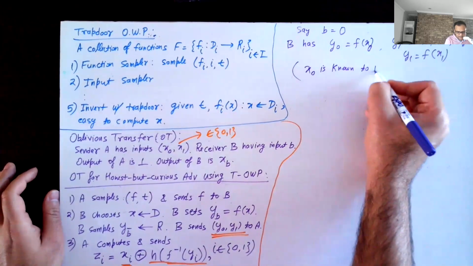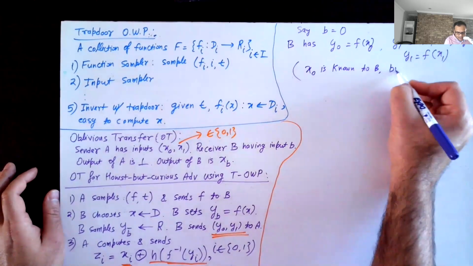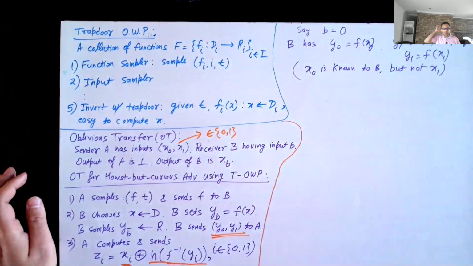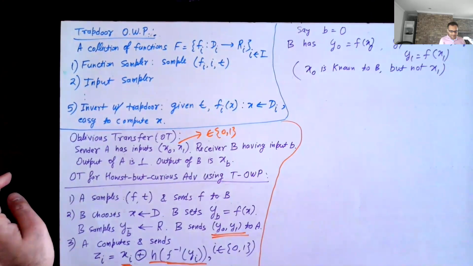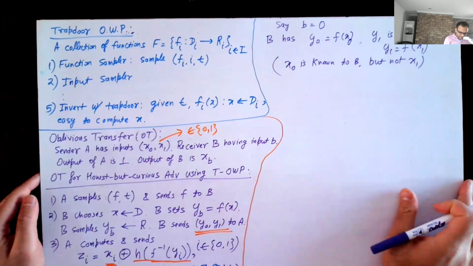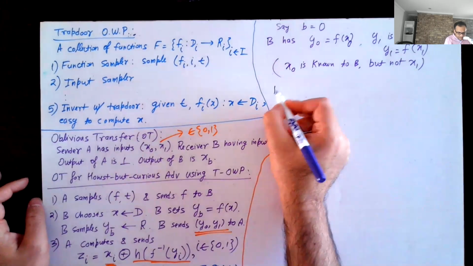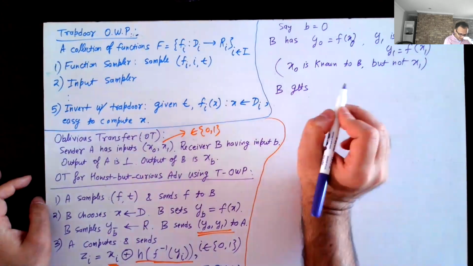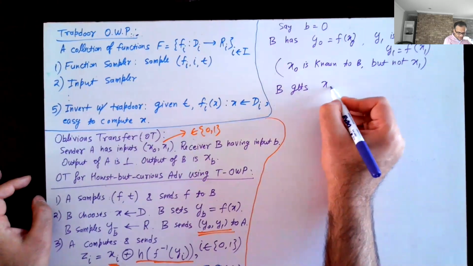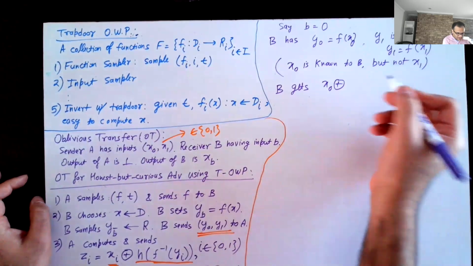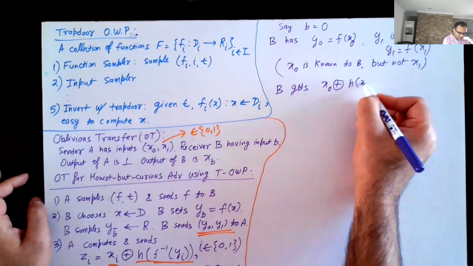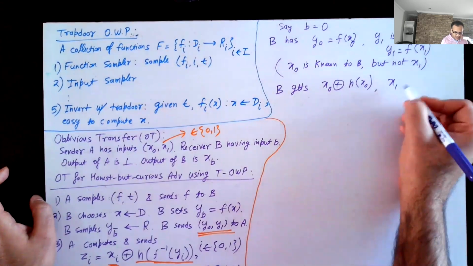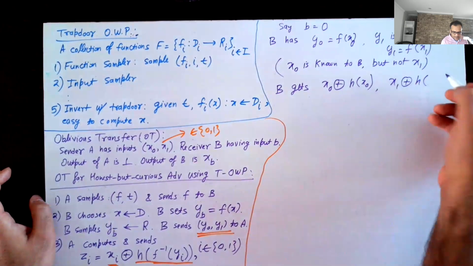So remember that B is honest but curious. B only has one of the pre-images. Now B gets x0 XOR h of x0 and x1 XOR h of x1.